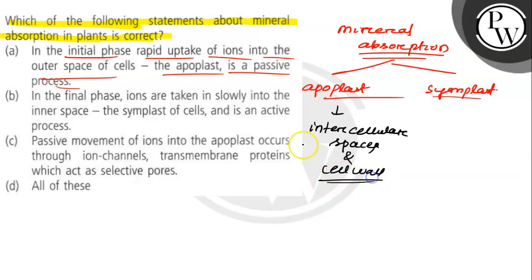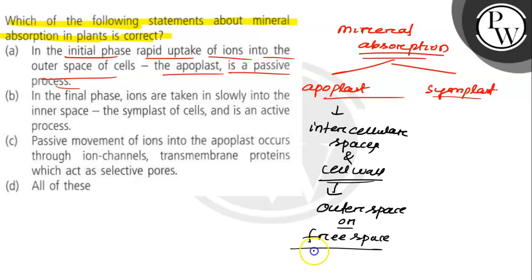This space is outside of the cell, so it is known as outer space or free space of the cell. And this process, apoplastic movement, doesn't require any ATP, so this is a passive process.